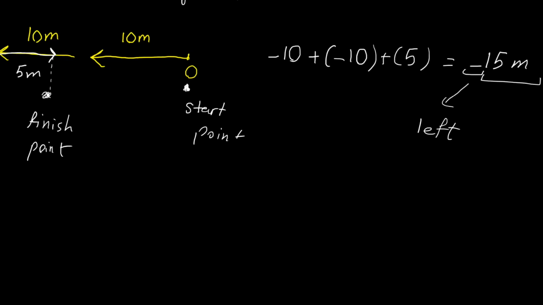When you want to show the vector sum of these 3 vectors, 10 meters to the left, 10 meters to the left, and 5 meters to the right, you start from start point and you draw one arrow from start point to finish point, and the direction is towards the finish point. So the size of this one is 15 meters, and as you can see, it's towards the left.